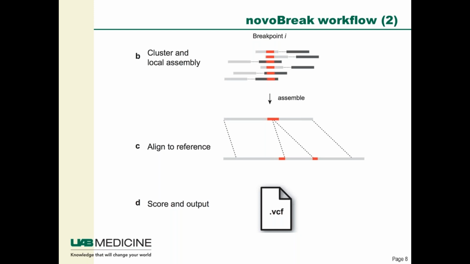Based on this relationship, we can cluster the reads around the breakpoints. After clustering, we do a local assembly to generate a contig representing the original sequence that covers the breakpoints. Next, we align the contigs to the reference genome to infer different types of structural variations. Finally, we score and output the structural variation predictions in a VCF file.